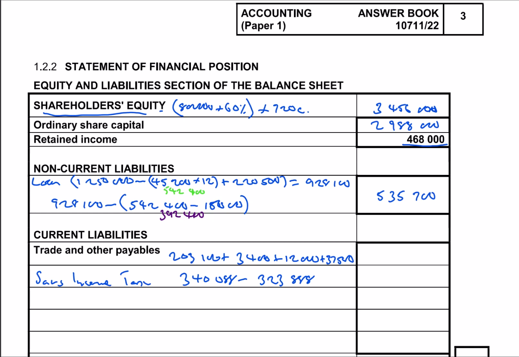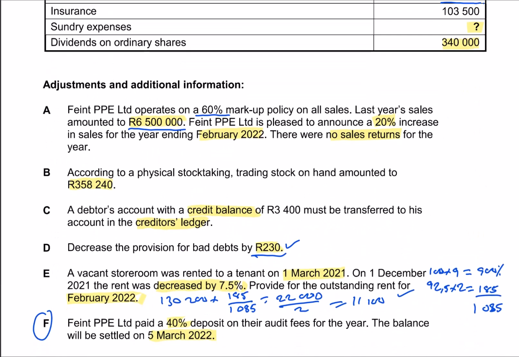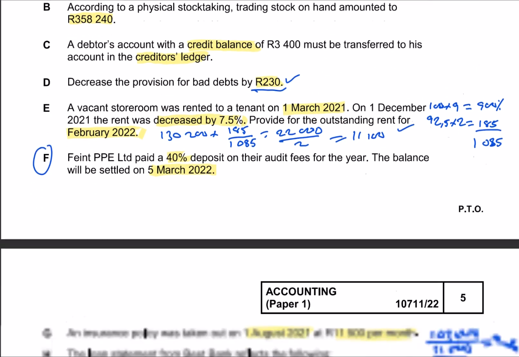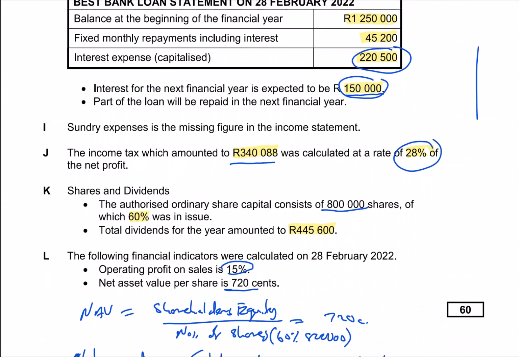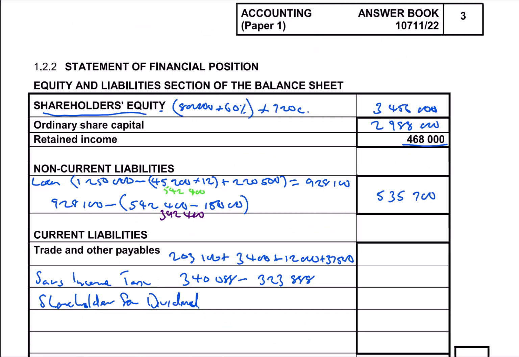Right, then the next one, shareholders for dividends. We were told total dividends for the year amounted to 445,600. And we know that the final dividend is only paid in the next financial year.